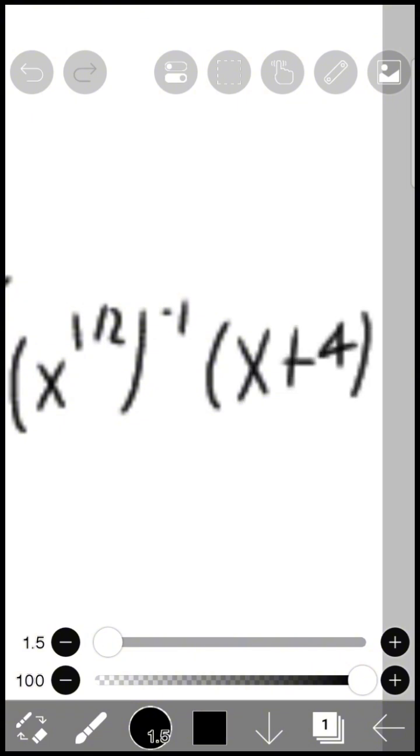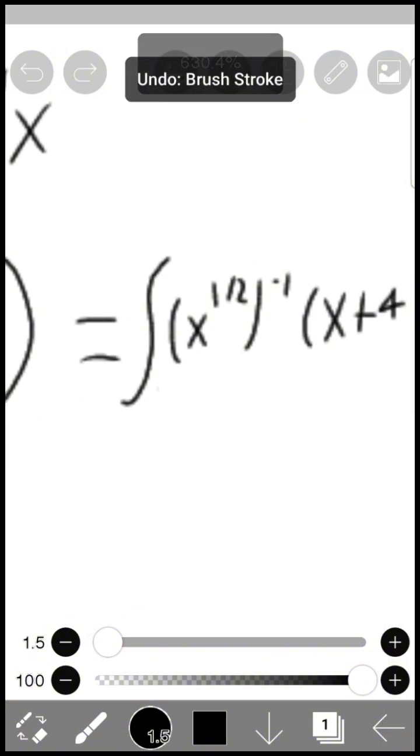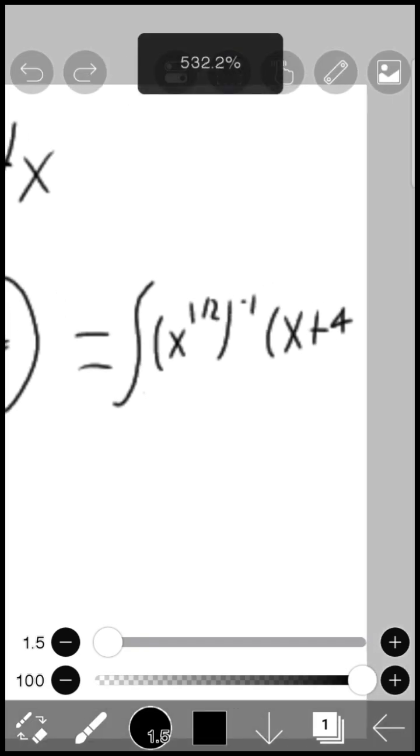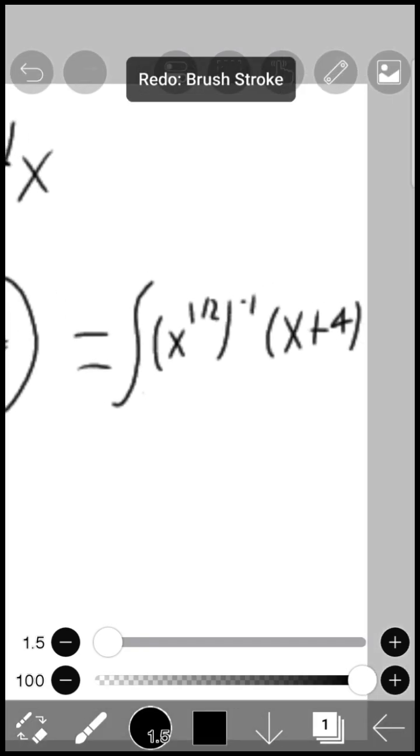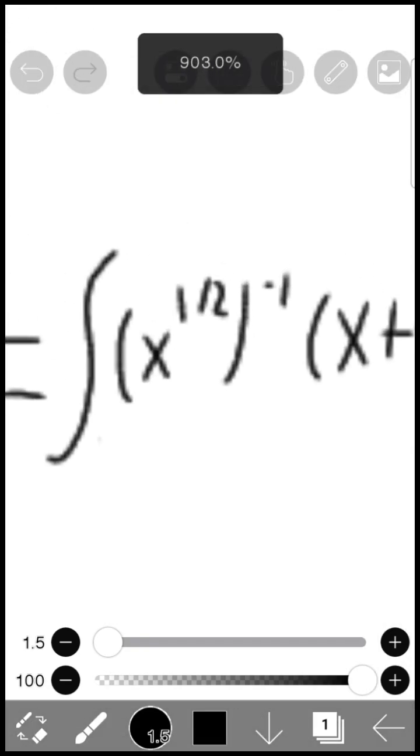Alright, the next important thing that we need to do is another application of the laws of exponents.